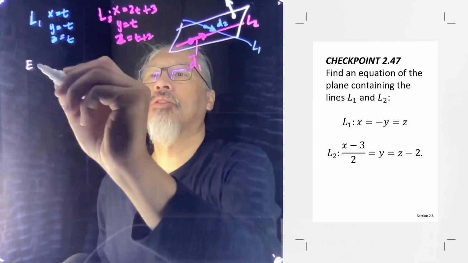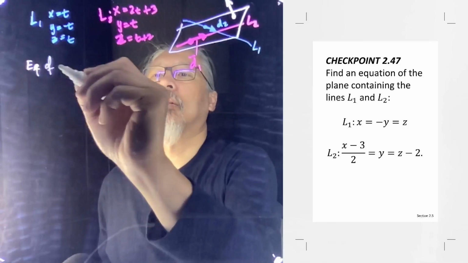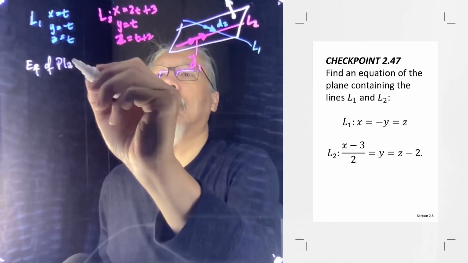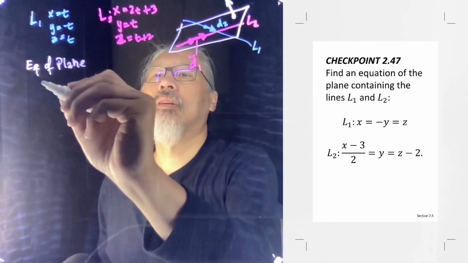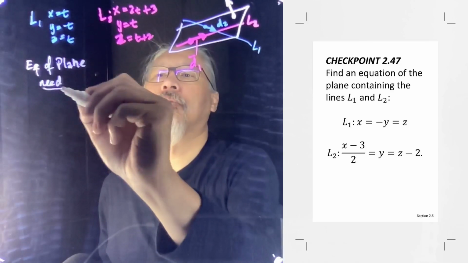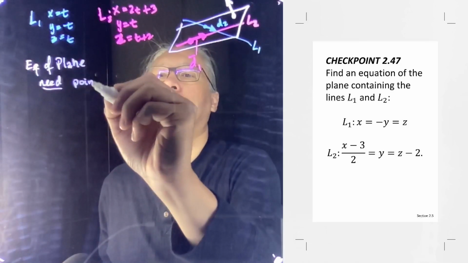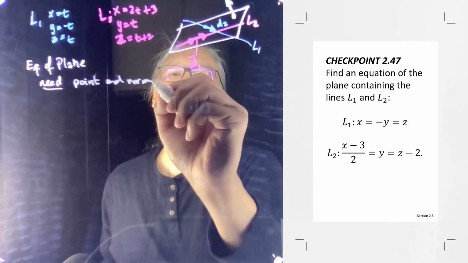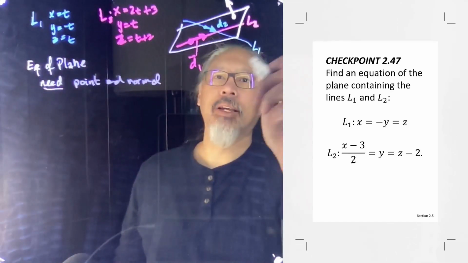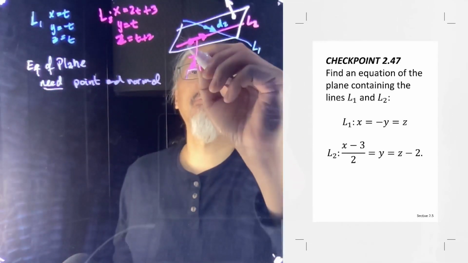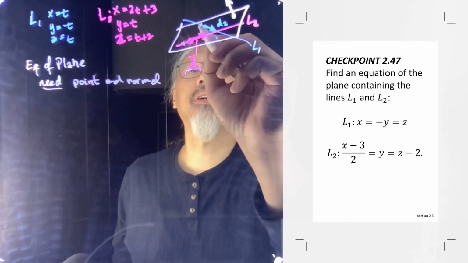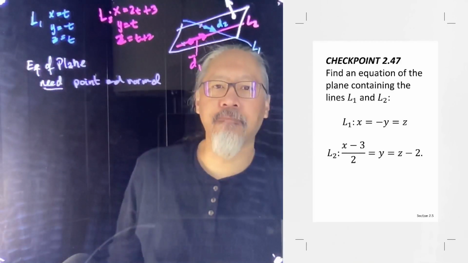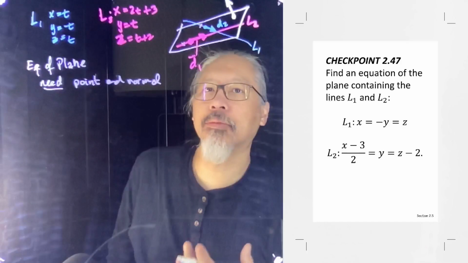So for an equation of a plane, we need a point and a normal. Now, a point can be found by any of these points. You can find a point on L2 or L1. So we have freedom with that point.